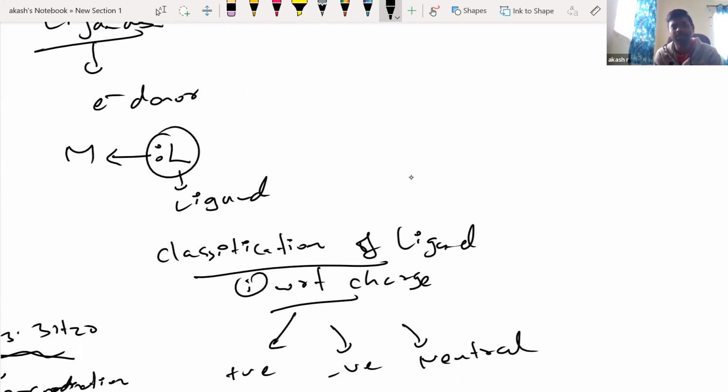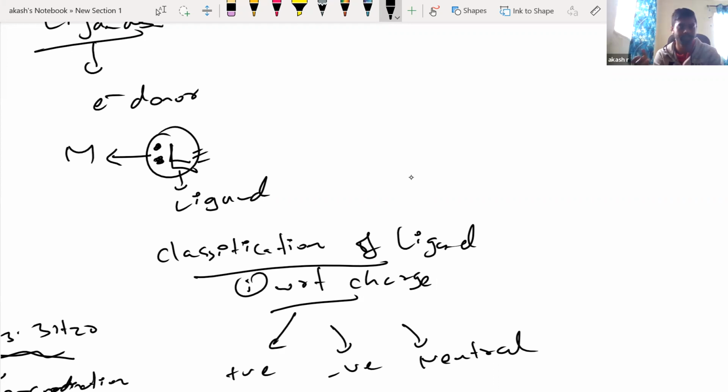Then you can ask me, sir, it is positively charged, but still it is able to donate electrons? Yes, why not? Having positive or negative charge is not the criteria for donating. All a ligand needs to have is at least one lone pair of electrons, and that lone pair should be able to be donated to another species.